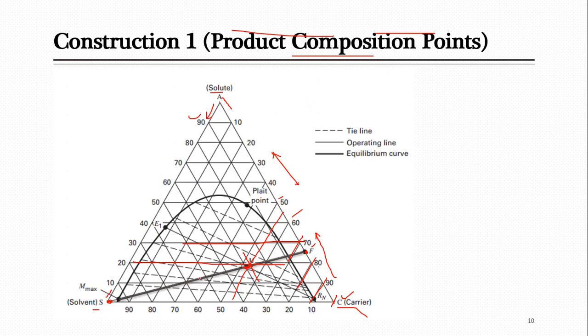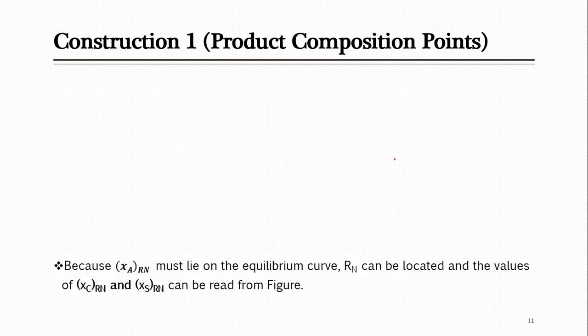Although it is available in this diagram, first we have to look at a few things and then we will come back to this diagram with the location of these points, which are the product composition points. That's similar to the location of extract and raffinate which you have done in the previous examples.